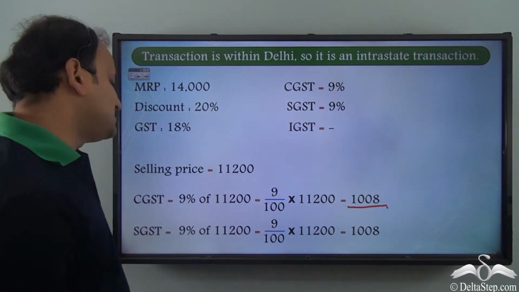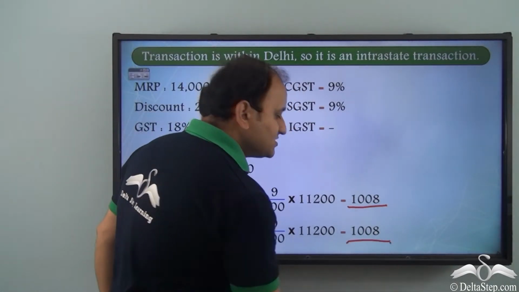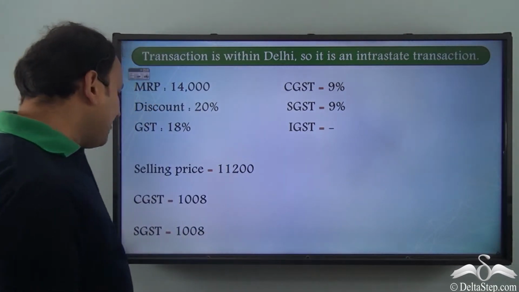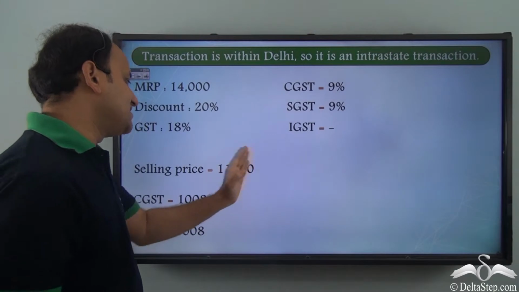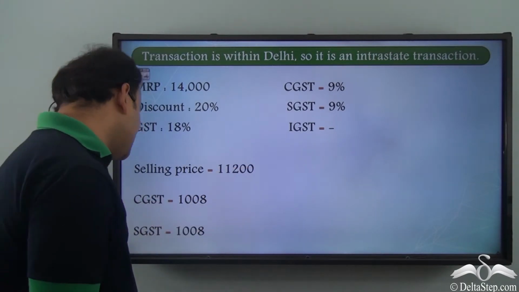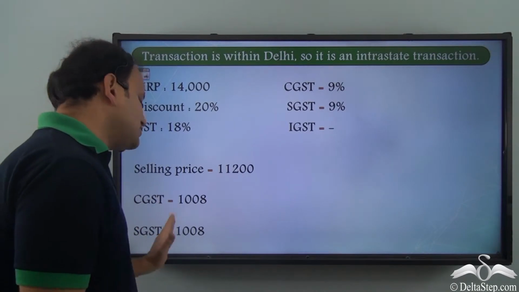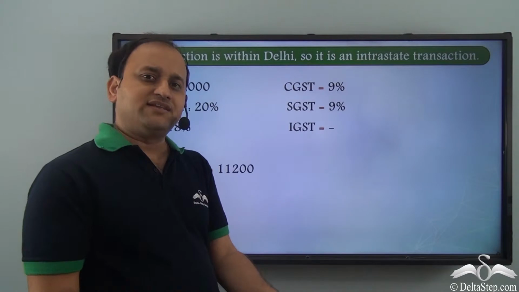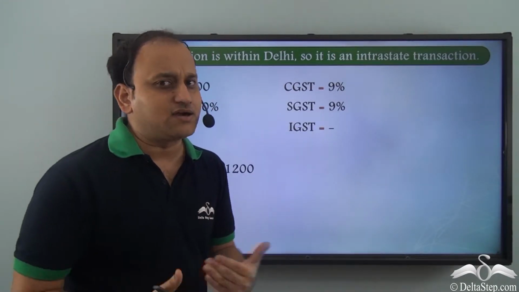Similarly, SGST will also be 1,008. So now we have selling price which is 11,200, we have CGST which is 1,008 and SGST which is also 1,008. Now, can we calculate the final amount to be paid by the customer?